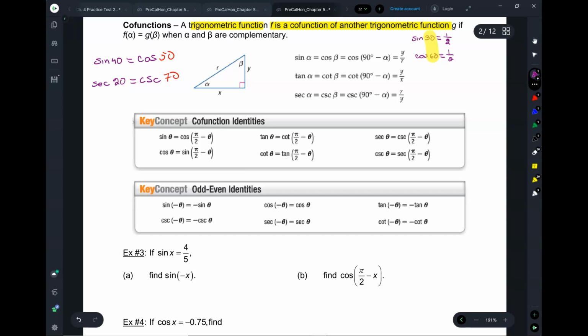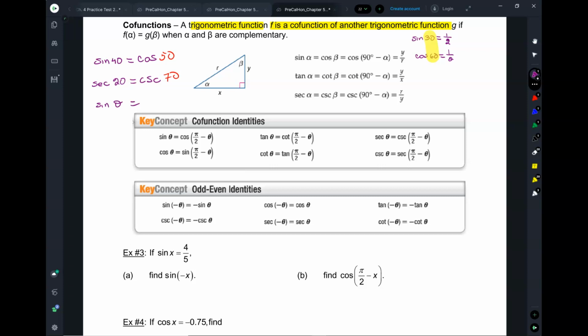So this does make sense. Of course it makes sense, it's math. If you've got sine of theta, and this is why I assigned all those complementary questions in the last chapter, because I needed to get you used to thinking about it.